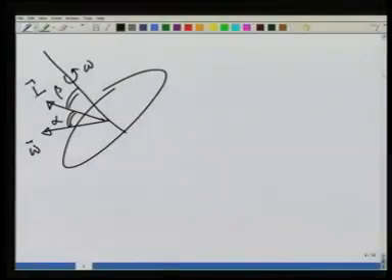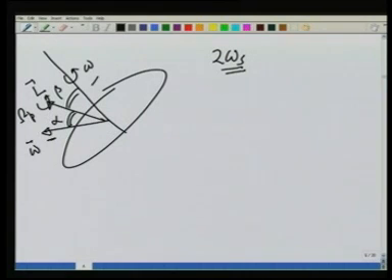So, let this rotation rate be omega p, where omega p stands for omega precession. I am going to relate it to 2 omega s, which I know is the rate at which omega, this vector, rotates about the spin axis. This we have already calculated.